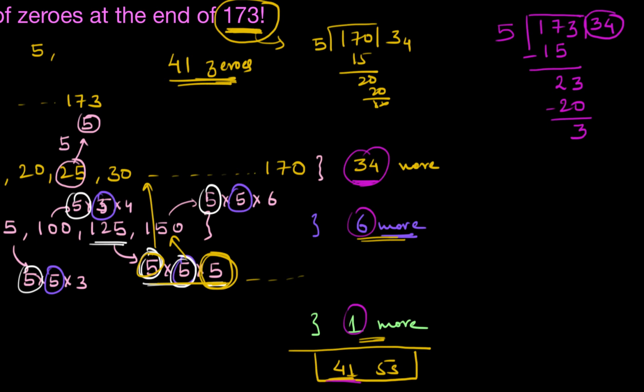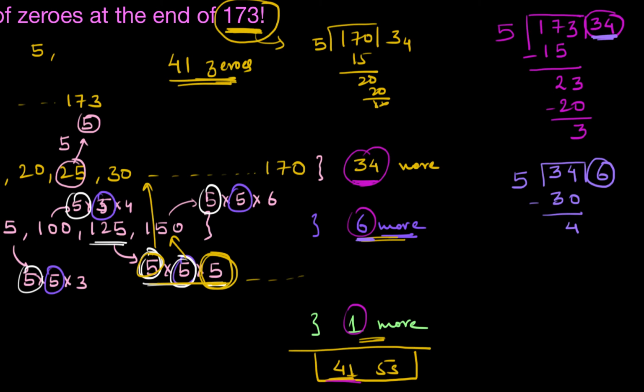Another interesting thing is, if we divide this quotient that we obtained here, this 34, again by 5, let's see what result we have. Now 5 6s are 30 and the remainder is 4. So this 6, the extra 5s that we got because of the multiples of 25, I'm getting as a quotient when I'm dividing the quotient 34 again by 5.